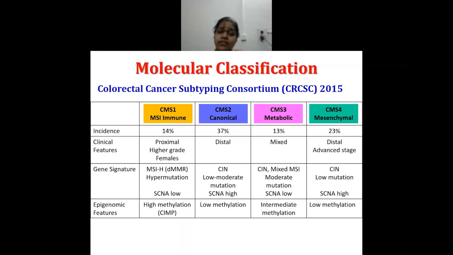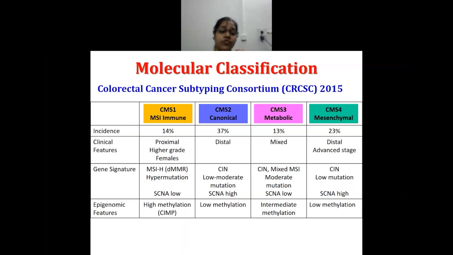Now, coming to the characteristic genetic signature, CMS1 had MSI high or the DMMR variant and had hypermutation to it, while chromosomal instability was seen in the remaining 3 subtypes. The somatic copy number alteration was noted as high in CMS2 and 4 variants.